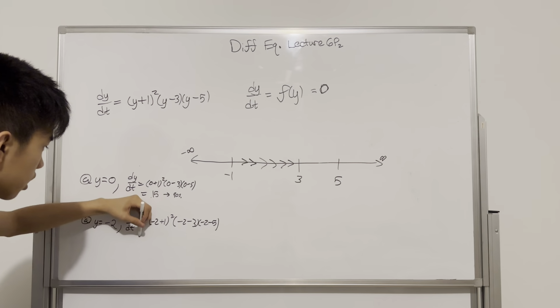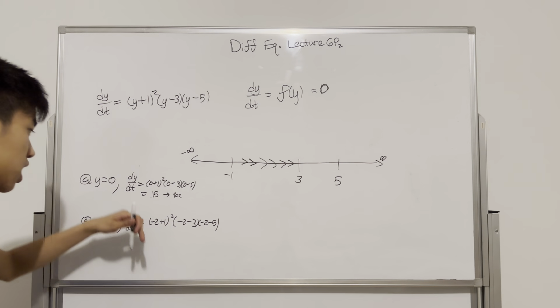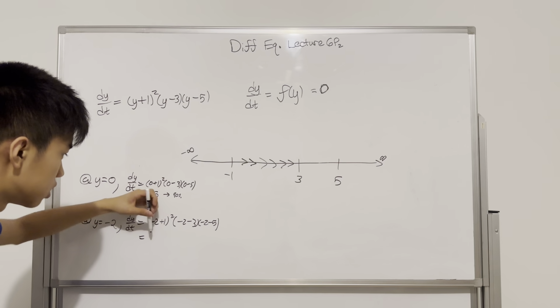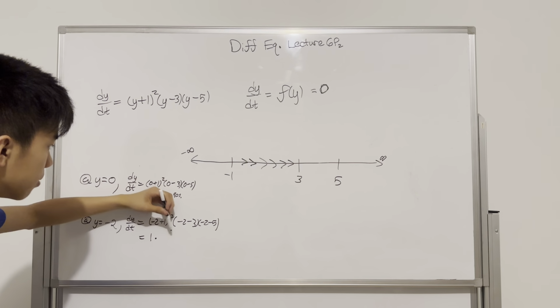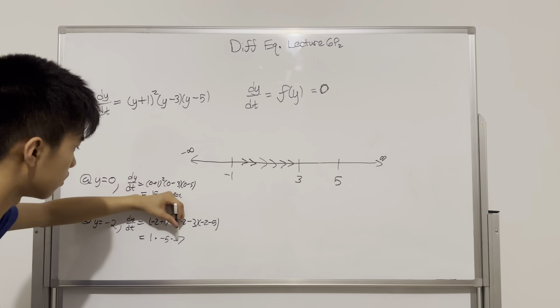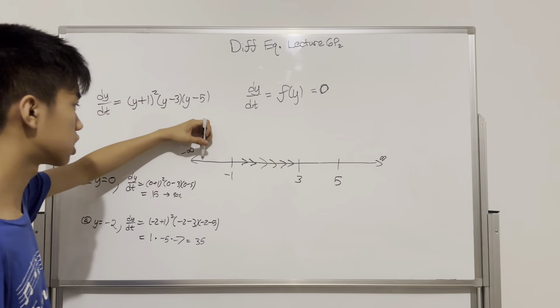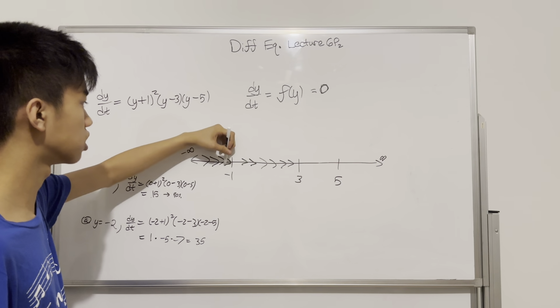You don't really need to have a PhD in math to figure out that this is going to be positive, but let me write it out anyway. 1 times -5 times -7, that's positive 35. So it's going to tend in the positive y direction as well.